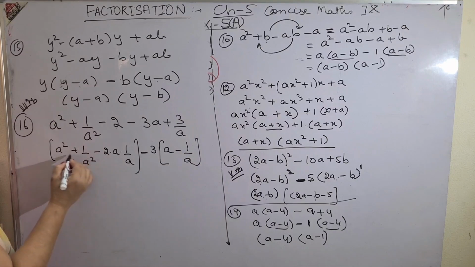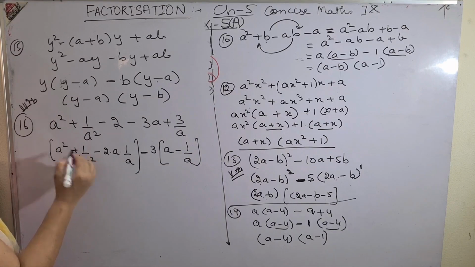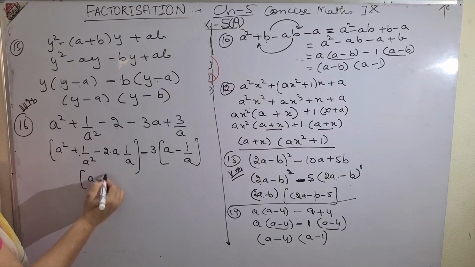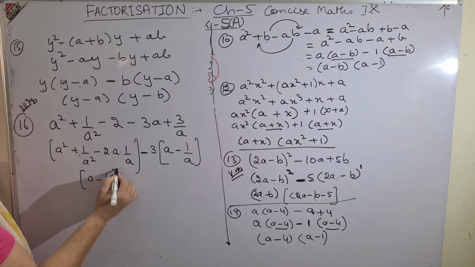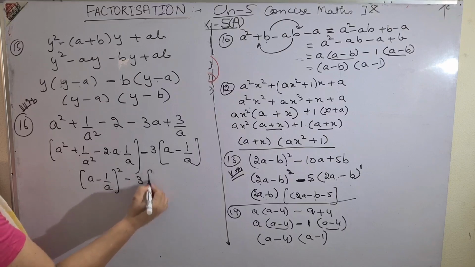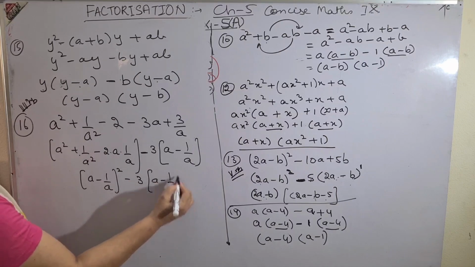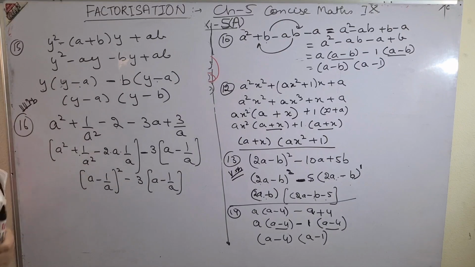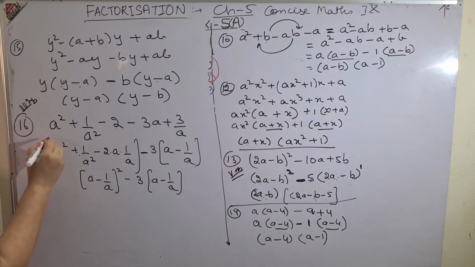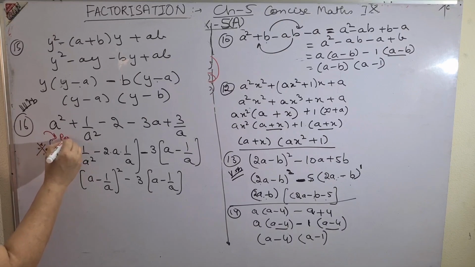Now see, this is if you turn it to the formula of a perfect square. The formula I am taking, this will be (a minus 1 by a) whole square minus 3 into (a minus 1 over a). Now this is the only very very important step. This I am doing with a red pen. Very important step. I am changing into a perfect square.